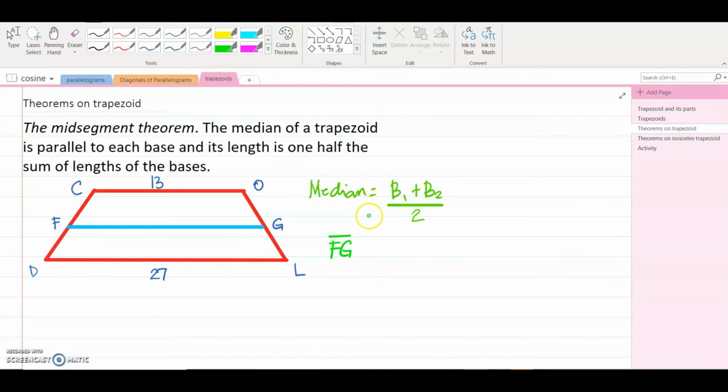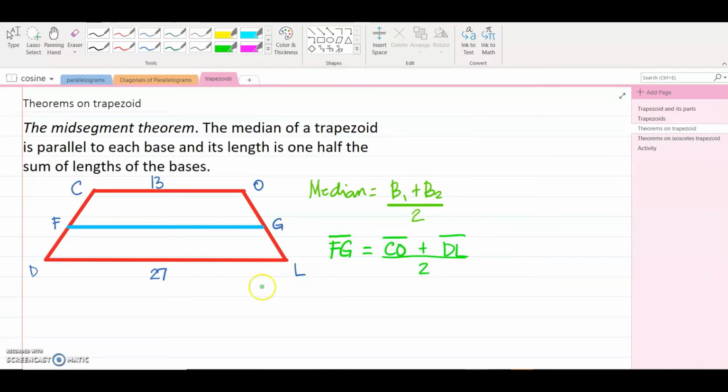It states that the median of a trapezoid is parallel to each base. So you have line segment CO and line segment DL as our bases. And the length of this median is 1/2 the sum of the lengths of its bases. So if we're going to write, our first base, line segment CO, plus the second base, line segment DL, divided by 2.